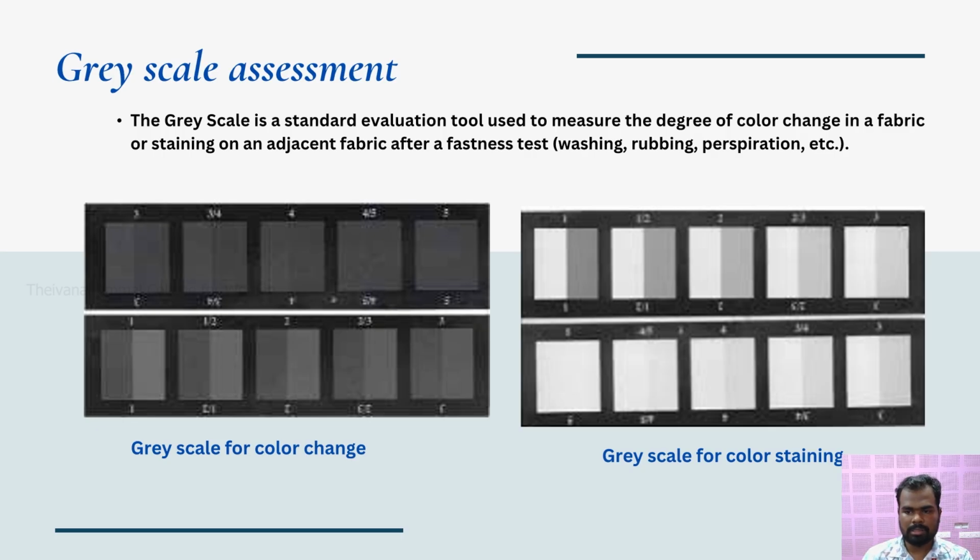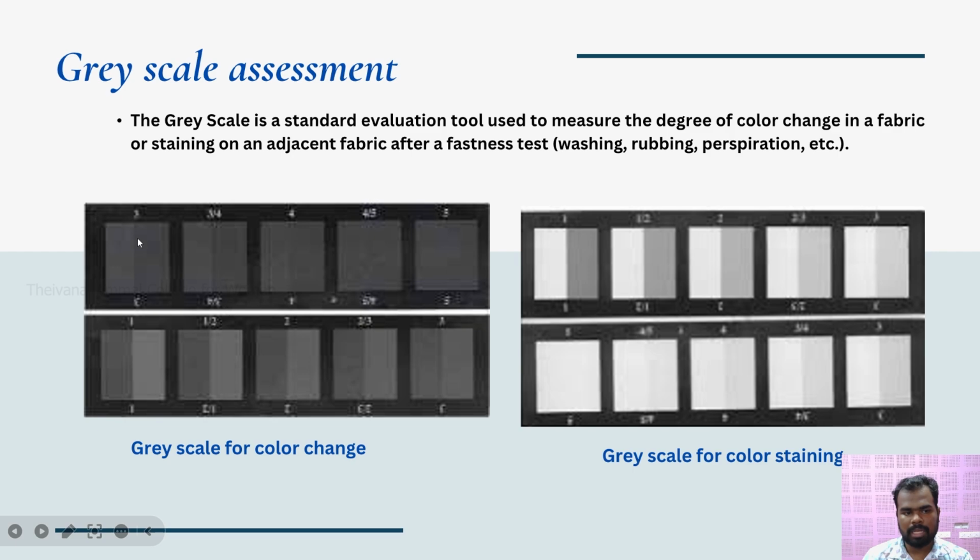Using this grayscale we assess the color stain or color change. This grayscale is for color change, and this one is for color staining. It gives the standard value to measure the degree of color change or stain on the adjacent fabric, from the dyed sample towards the multifiber.